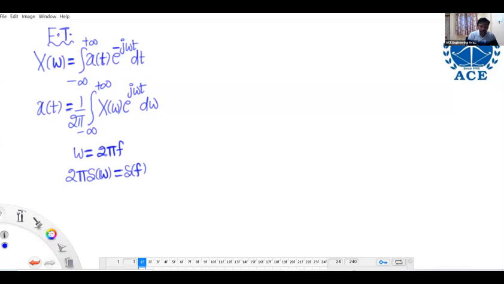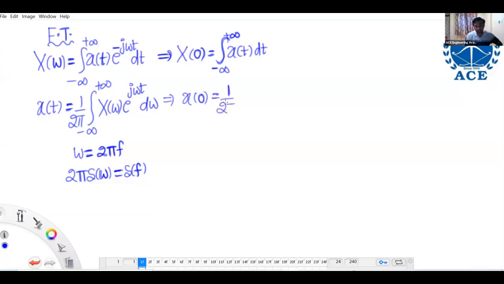The last model which we consider is spectrum at zero. Spectrum at zero means what is happening to the right side quantity? Area under the signal. When we replace omega by 0, it becomes area under the signal. What is signal at 0 means?